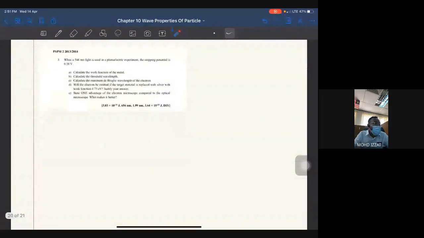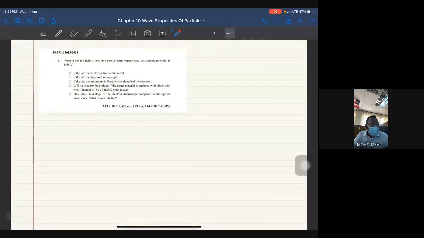Okay, one more. So kita buat habis semua. Question number 3. When a 546 nanometer light is used in photoelectric experiment. This one is more to a different chapter, so saya tak buat benda ni.